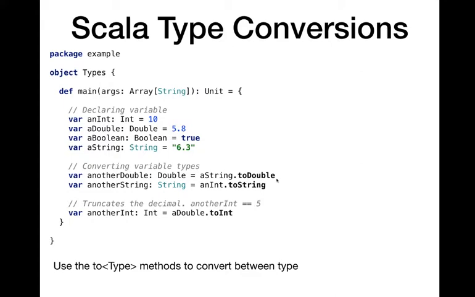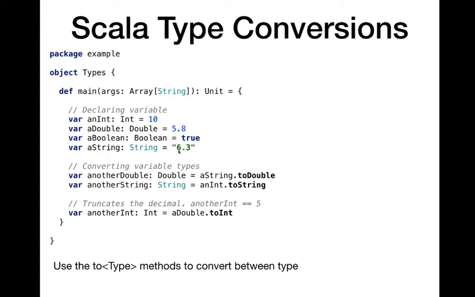We can also convert between these types fairly simply, depending on the types. Scala will let us convert between them using this method of to, and then whatever type we want to convert to. So if I want to convert this string to a double, I'll just say toDouble, and it's going to convert that for me as long as it's a well-formed double.